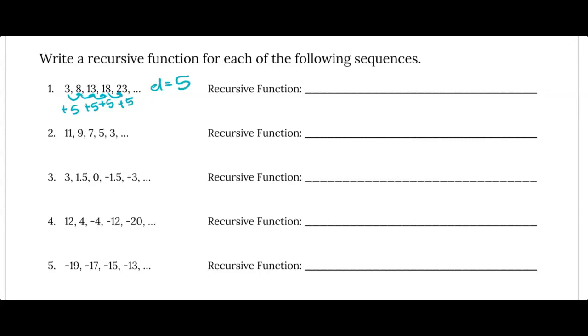So I'm going to fill in my shell. I'm going to start with f of n. That's the next term will be the previous term plus 5. And I'm going to start that journey at 3.